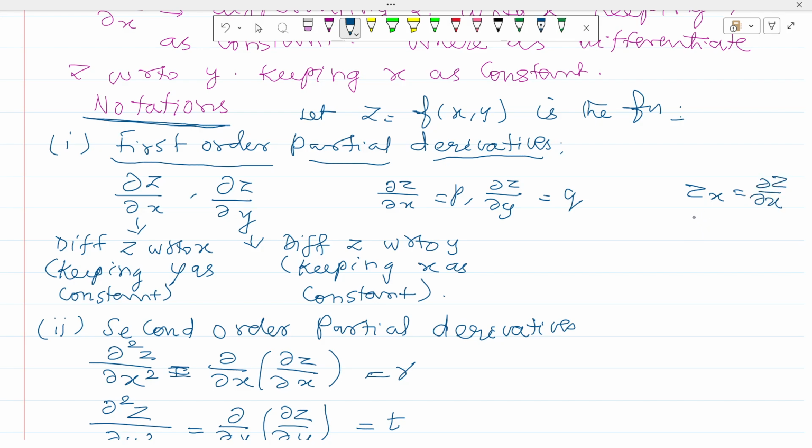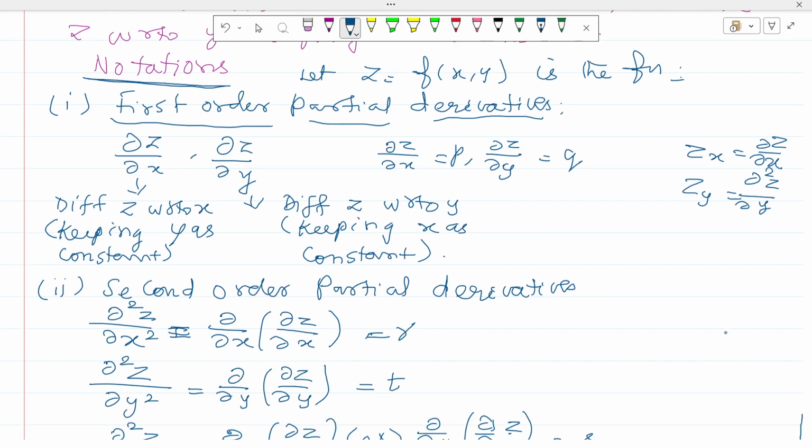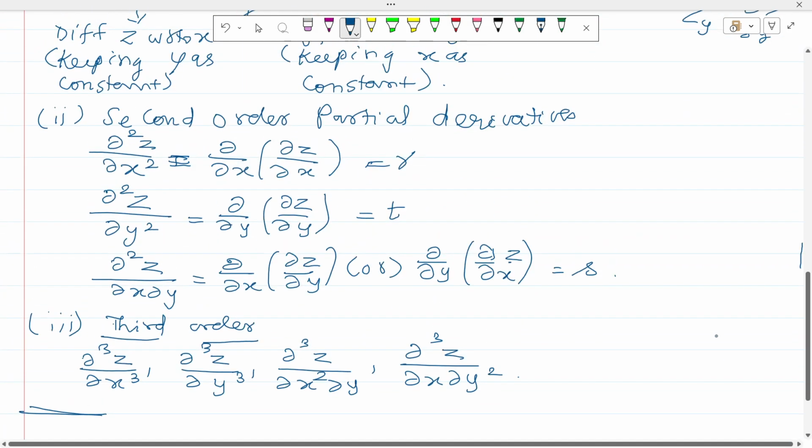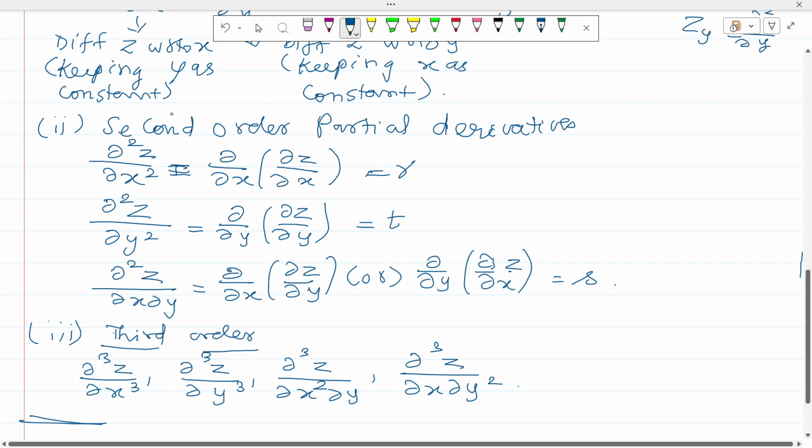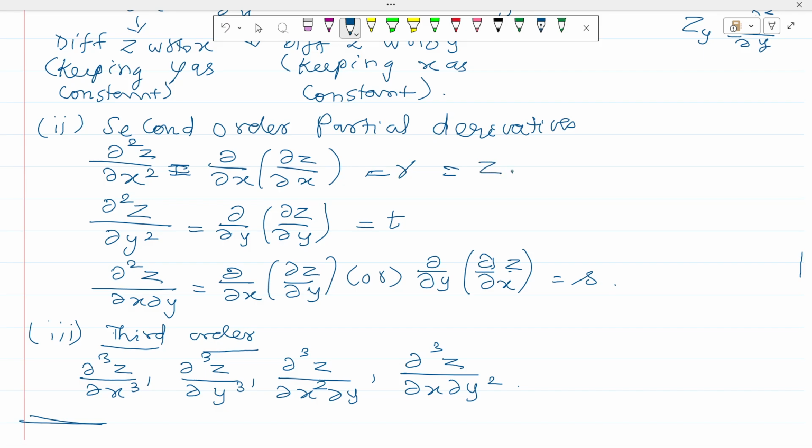Sometimes they are writing z suffix y for dou z by dou y. And then one more notation for the second order: dou square z by dou x square can also be written as z suffix xx.